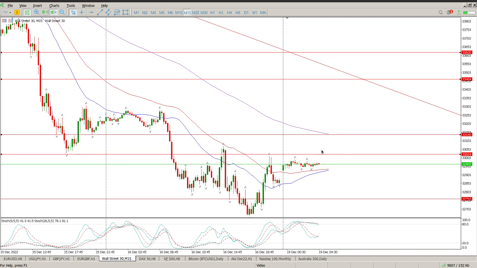If we do get above these two areas here at 33,140 and 33,024, and the oscillators group to the downside, moving averages cross over on the 50-minute, then I'll definitely be looking for a long here, nice tight stop, targeting somewhere around probably here, 33,464. That would be where I'd be paying attention for a potential move to the downside, but that would be against the trend on the 50-minute.